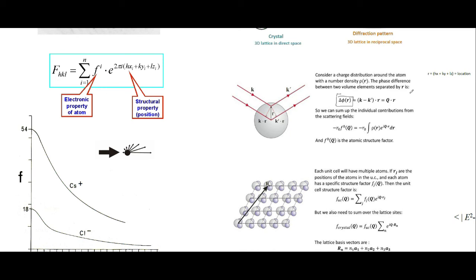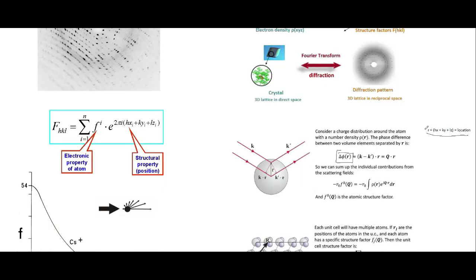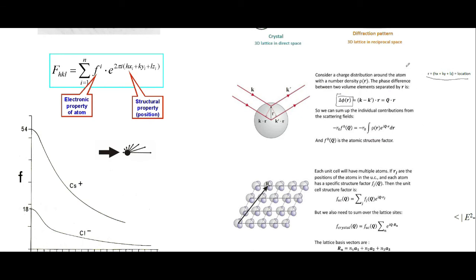So here I put R over here, which we can think of as the location. That would be the same as our H, X, K, Y, L, Z up here. And so R is just the position of the atom. And from that, we can get the individual contributions from the scattering fields.